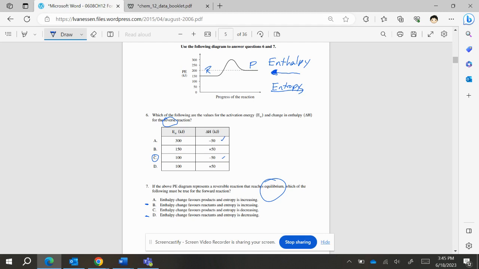Now, in order to get that equilibrium established, entropy needs to favor the products, and reactions favor maximum entropy. That means products need to have a higher entropy. So in the forward direction, the entropy needs to be increasing. And that will cause an equilibrium.